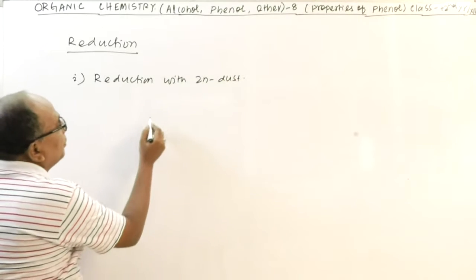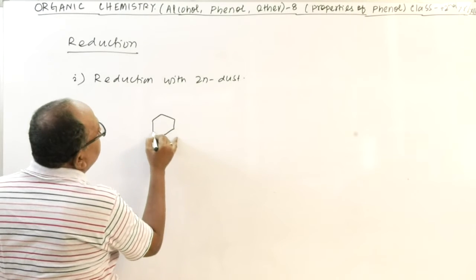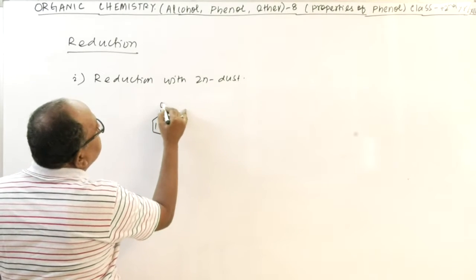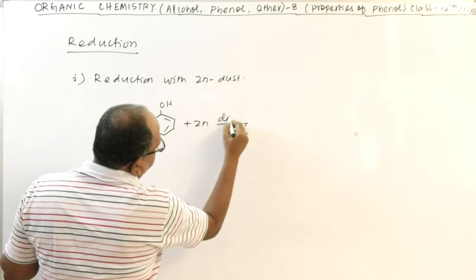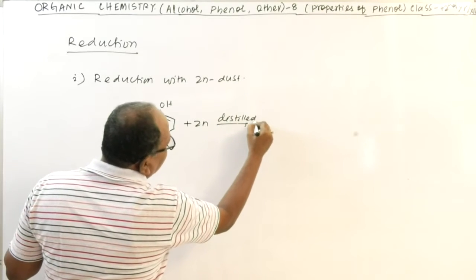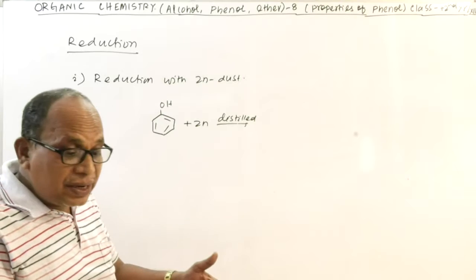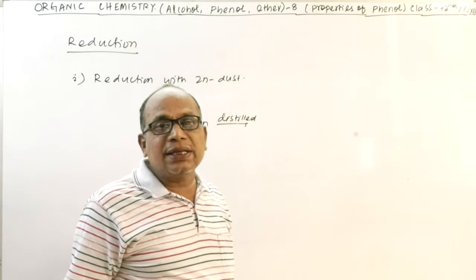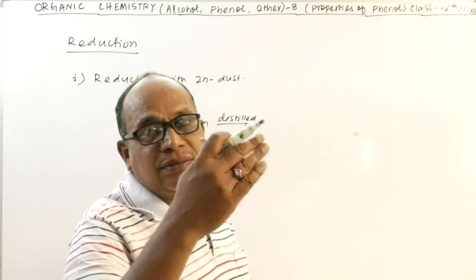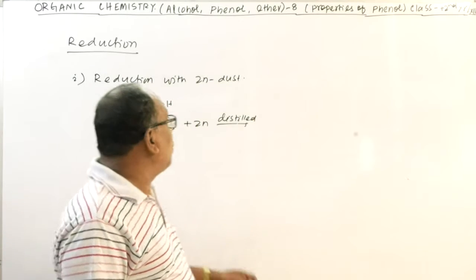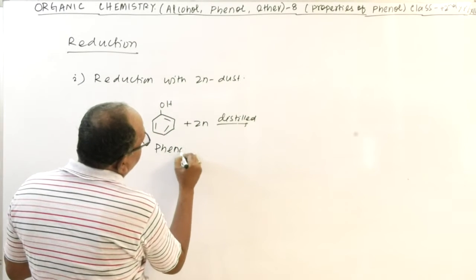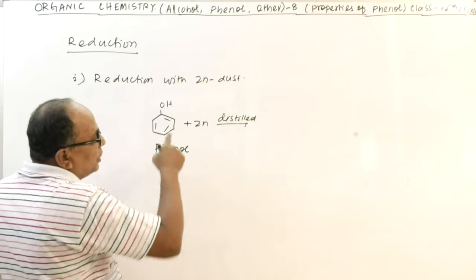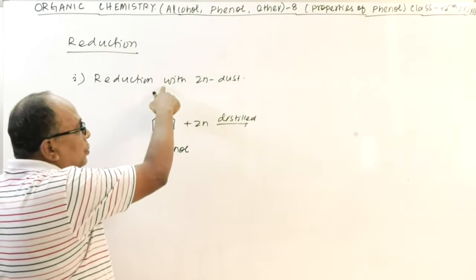So when phenol is distilled with zinc dust, distill means heat. Distillation means heating. So when the phenol is distilled with zinc dust, this will be reduced. That means this oxygen gets removed.